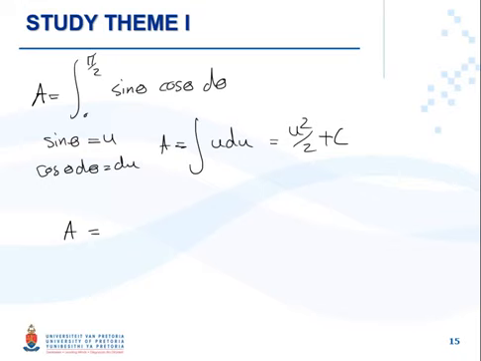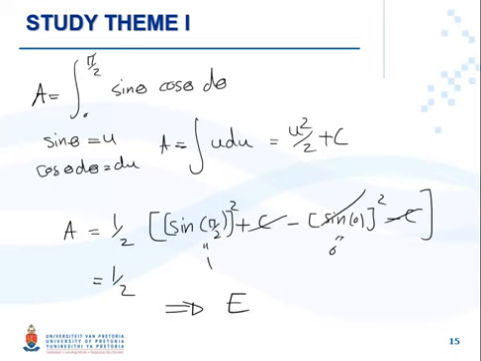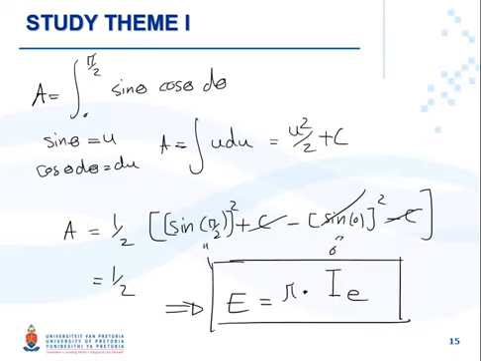So A will be half sine squared theta plus c, minus sine 0 to the power of 2 minus c. Sine of 0 is 0, so it will be half. Then we have E is equal to pi IE.